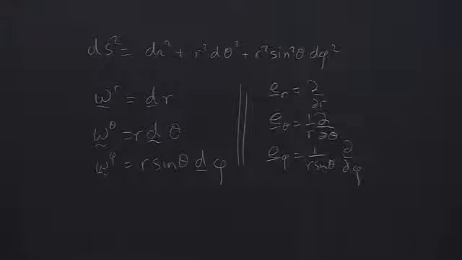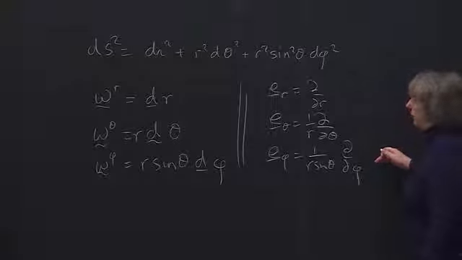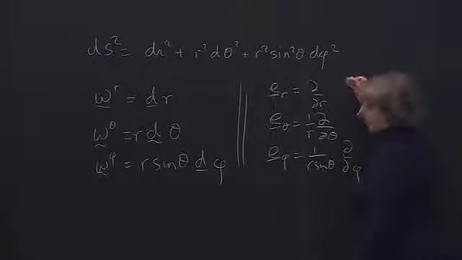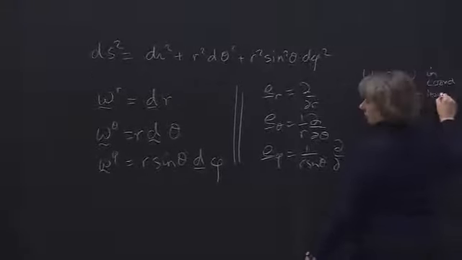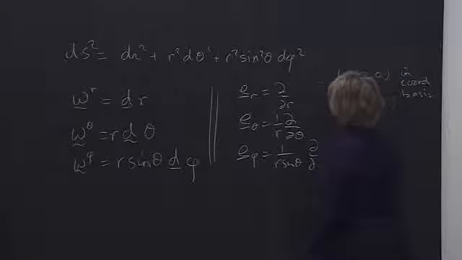So if I ask what is the length of each of these vectors, in the coordinate basis this one is 1, 0, 0. This one is 0, 1 over r, 0.